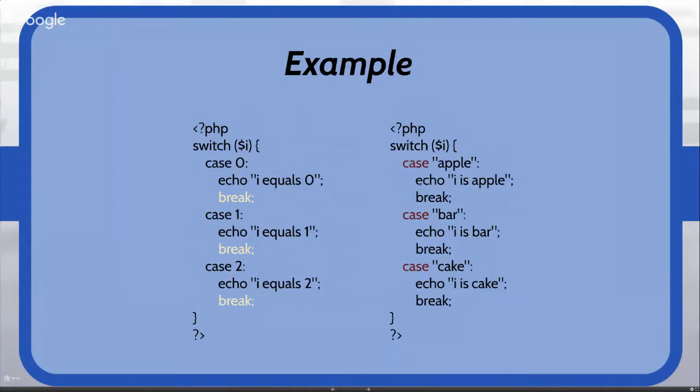Echo I is Apple. And then it will break with this break statement. Now, from this break, it will go ahead and skip over case bar, case cake, and go to the end of the bracket, kicking out of the switch statement. So that first example, you can use numbers, you can use strings.